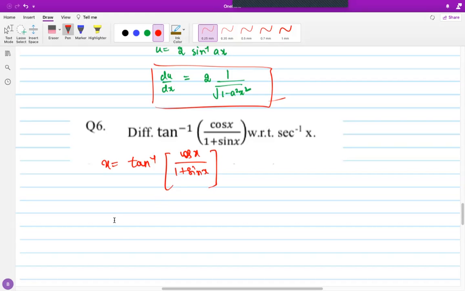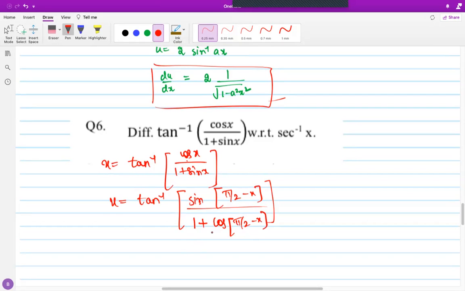So tan inverse of u equal to tan inverse of sin(pi by 2 minus x) divided by 1 plus cos(pi by 2 minus x), where I'm changing cos into sin. So what I get is u is equal to tan inverse of sin(pi by 2 minus x) over 1 plus cos(pi by 2 minus x).